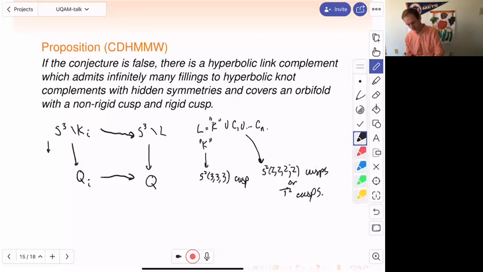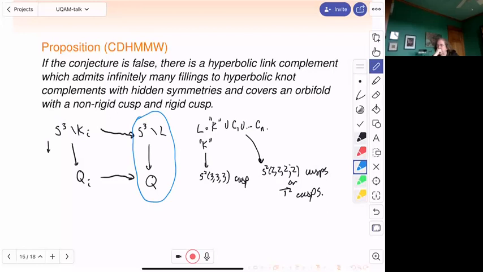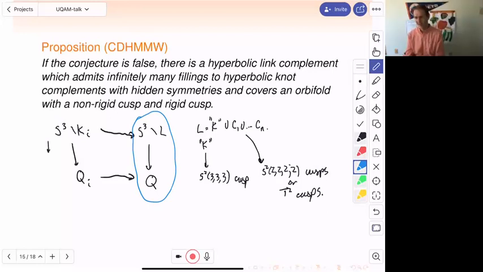So my point is just that the cover here is a very specific object that we can get our hands on, and restricting that cover allows us to say that more and more knot complements don't have hidden symmetries.